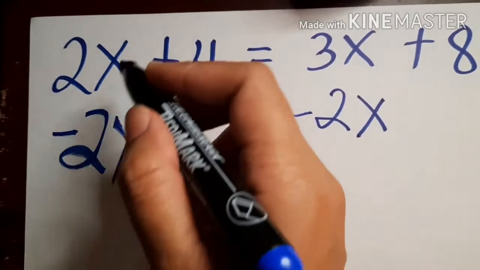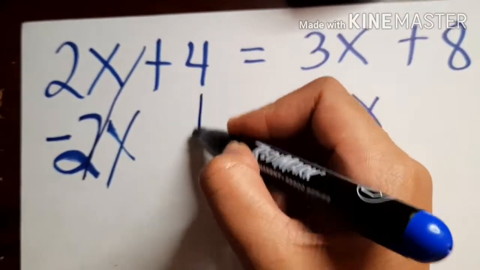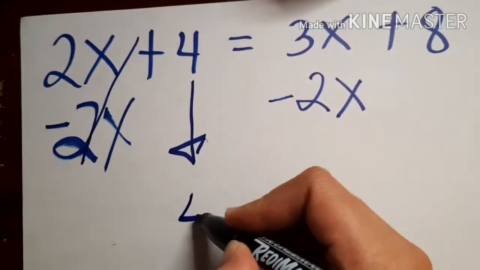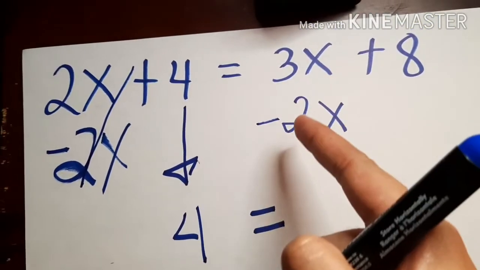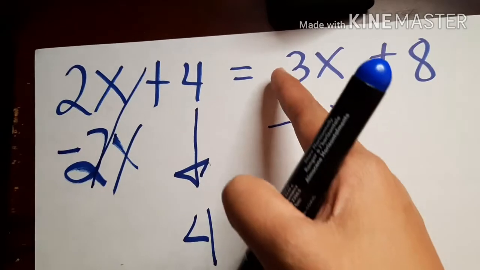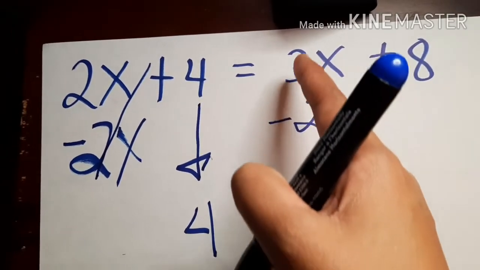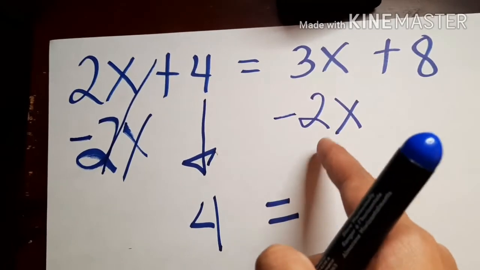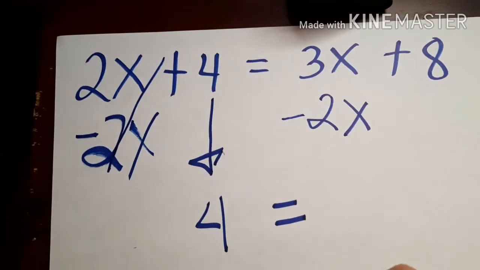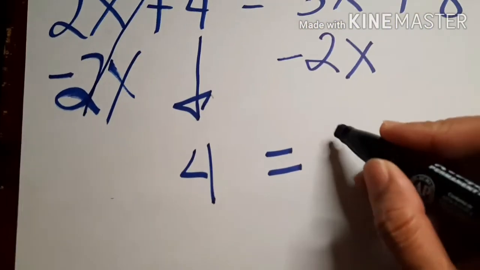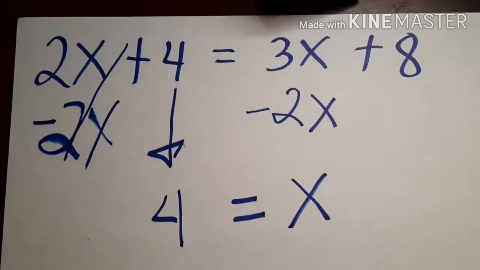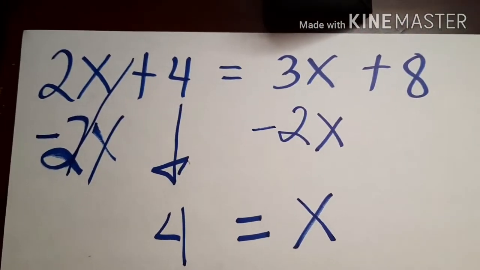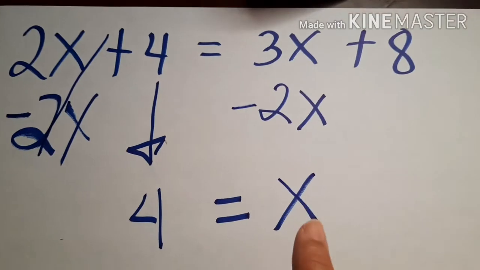Those will be canceled out, so what's left would be 4. Don't forget to write the equal sign here. What's 3x minus 2x? Remember, I will only subtract the coefficients. So that's 3 minus 2, that would give us 1, or I could simply write x there. A variable which has no visible coefficient means that there is a 1 there.